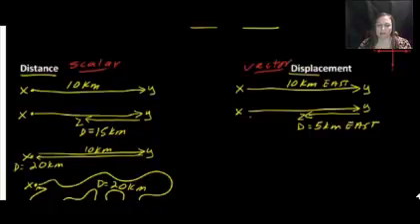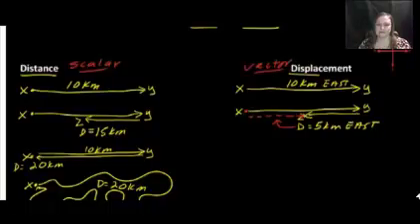So this red line represents your displacement, and that displacement is 5 kilometers east of the origin where you started. That is really the difference between distance and displacement. Distance is simply the length of the path that you traveled, where displacement is the straight line distance and direction between the origin and your final ending point.